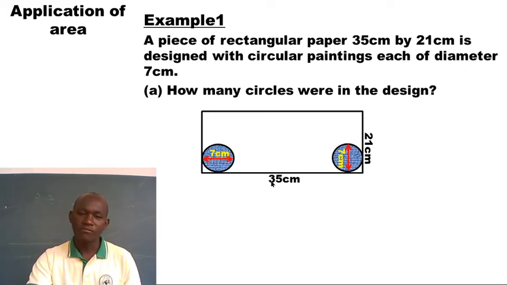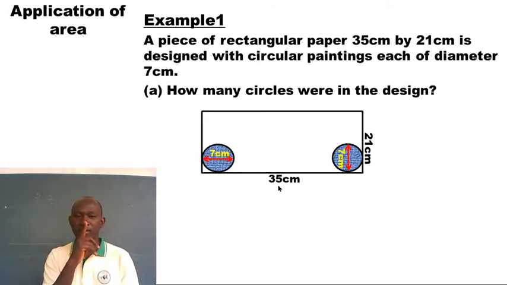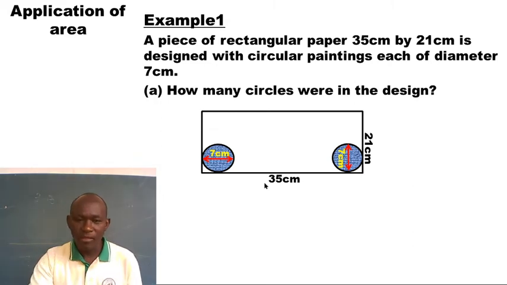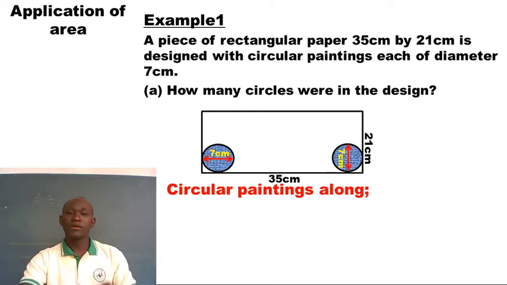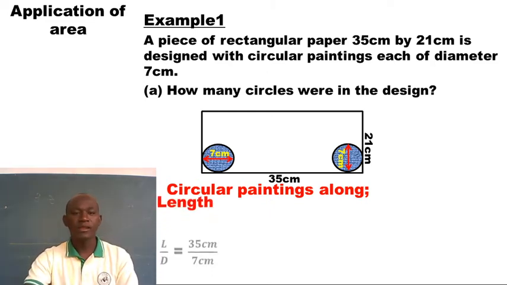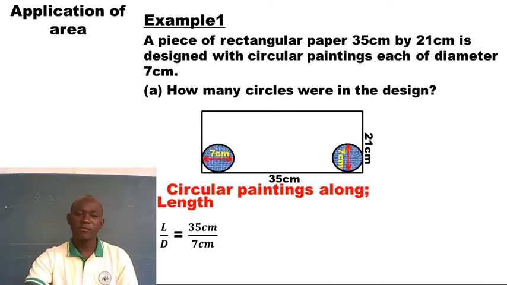So to get that, we apply what we had at the beginning, that is dividing 35 centimeters by 7 centimeters. Along the length, we shall have 35 centimeters divided by 7.